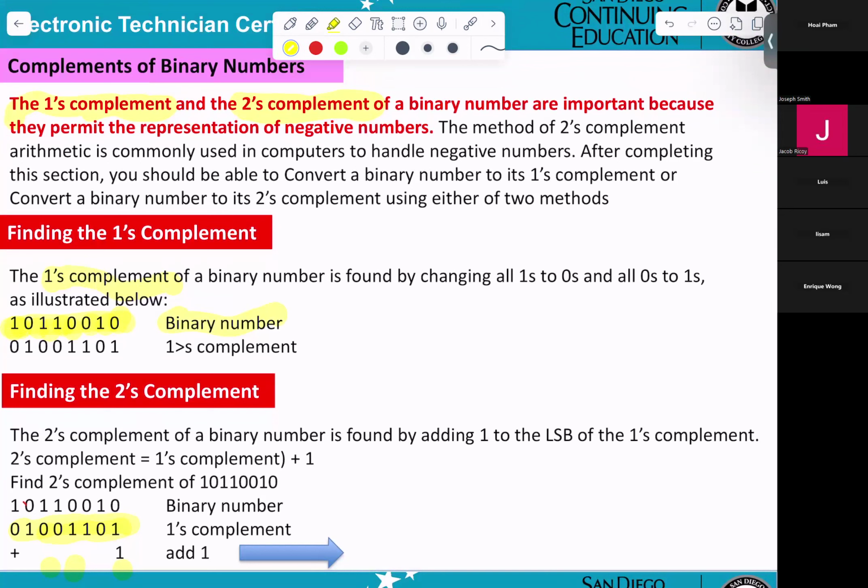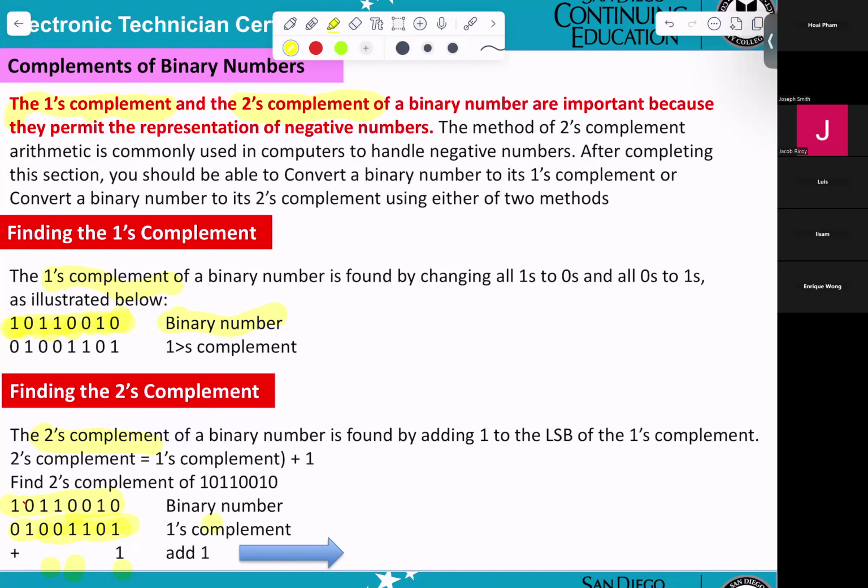Second one. Second complement. Adding 1 to the least significant bit of the first complement. Second complement equals first complement adding 1. Okay, now they give you a binary here.